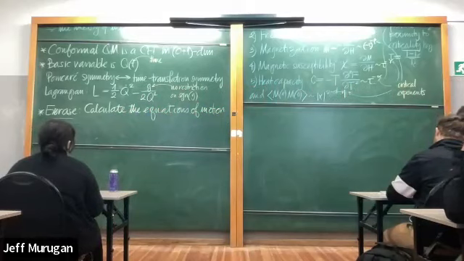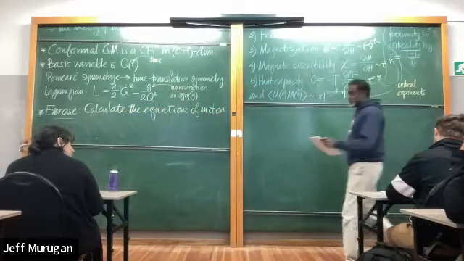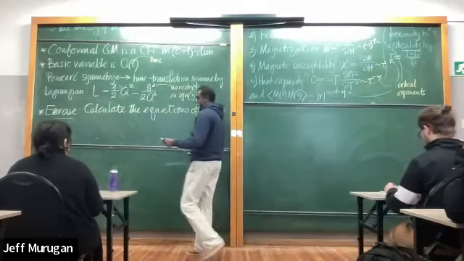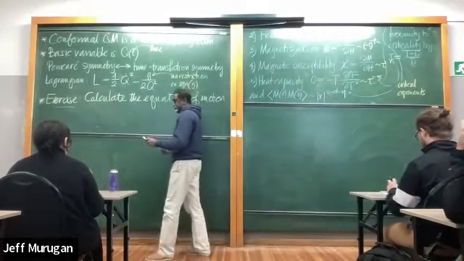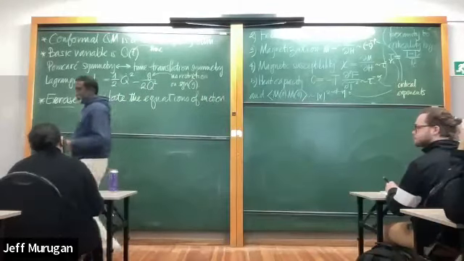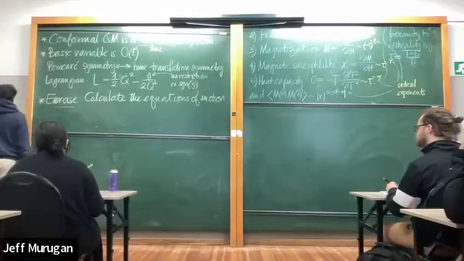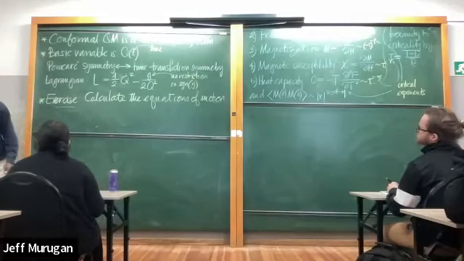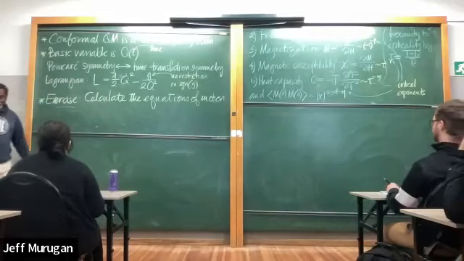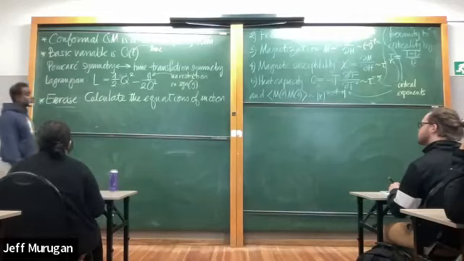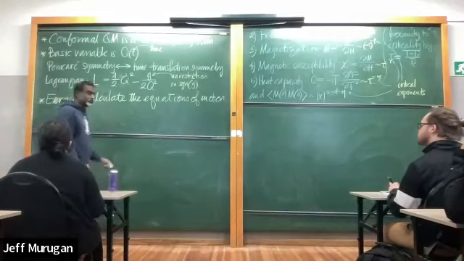The point here is that we've constructed, by construction, this theory to be time translation and scale invariant. But it turns out that it's actually invariant under a bigger set of symmetries. And this is conformal transformation, conformal transformation of the time coordinate.